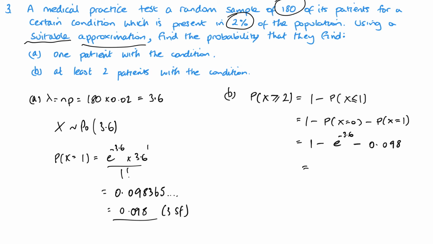I'm going to add to it e to the minus 3.6. And that will give me 0.12568 and so on. 1 minus that, and I get 0.8743, or 0.874 to 3 significant figures there.